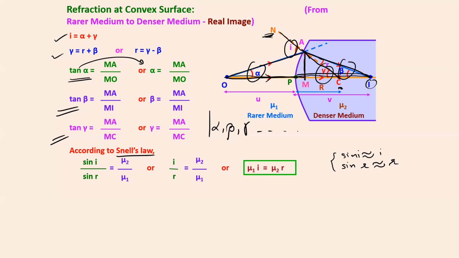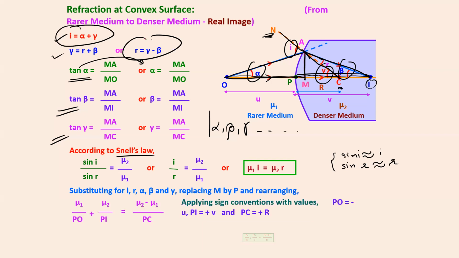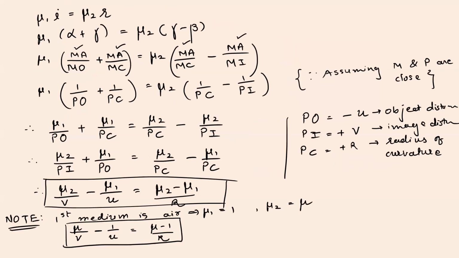But I need to substitute the values of i and r from the exterior angle relations. I substituted those, and that is how I got the formula in terms of alpha, beta, and gamma. But I had already alpha, beta, and gamma in terms of distances from the tan relations, opposite side by adjacent side. So I just substituted on the left hand side and right hand side.